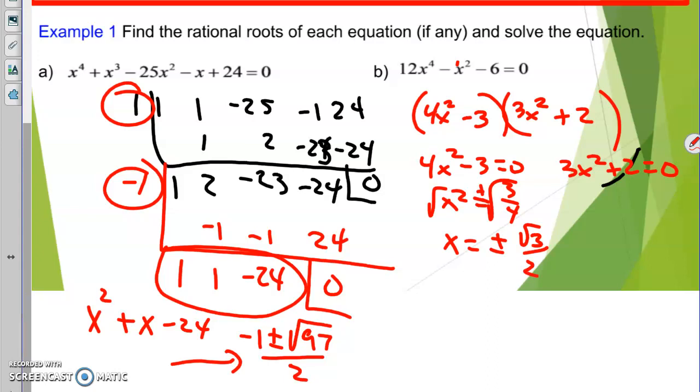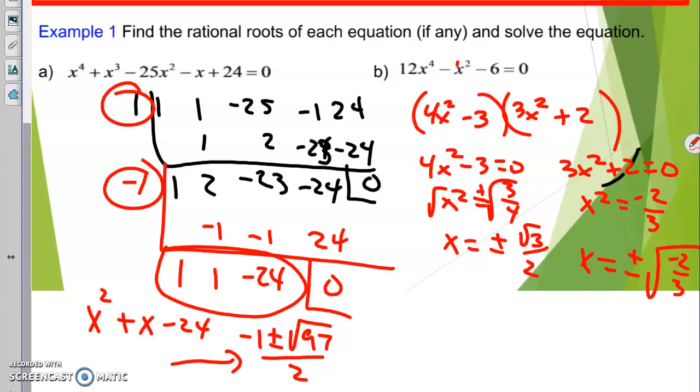And if I go over here and do this one, x squared equals negative 2/3, x equals plus or minus the square root of negative 2/3.